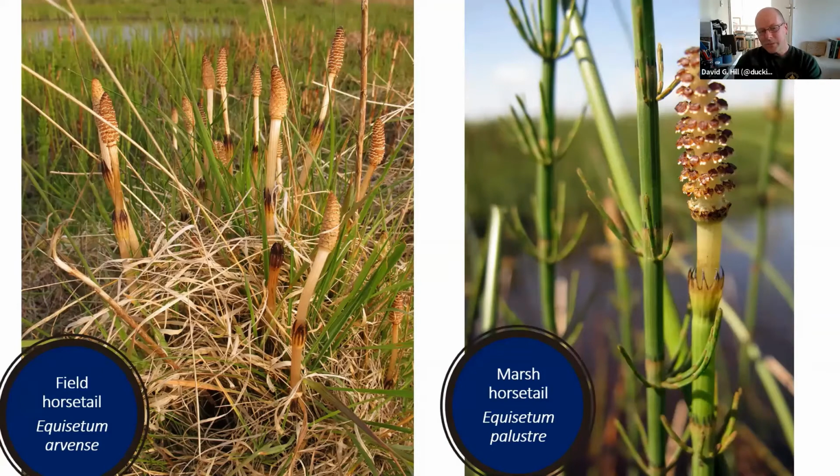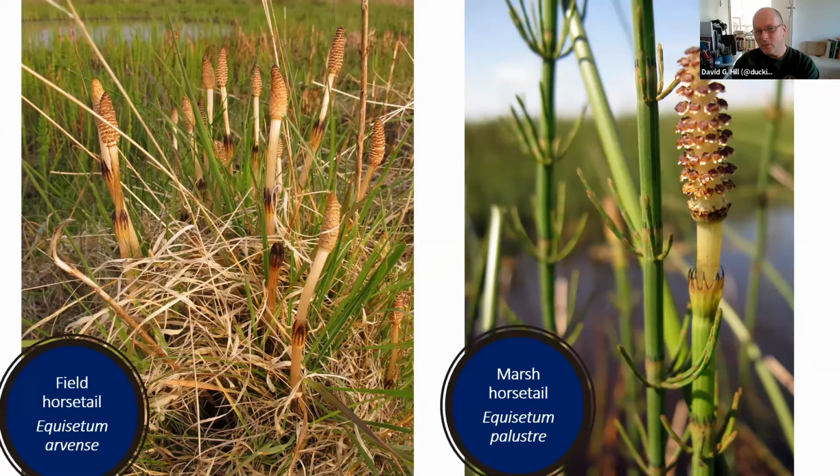On the left, we've got field horsetail, Equisetum arvense, and this is, if you like, the problematic one that you've got in your garden and you can't get rid of, or on the allotment. And then on the right, we've got marsh horsetail, Equisetum palustre.